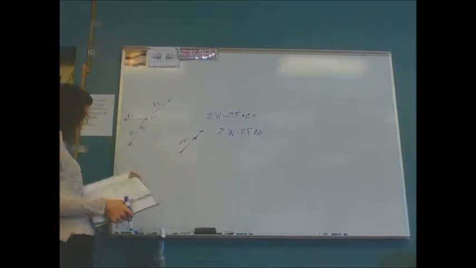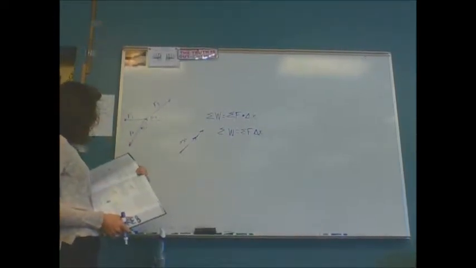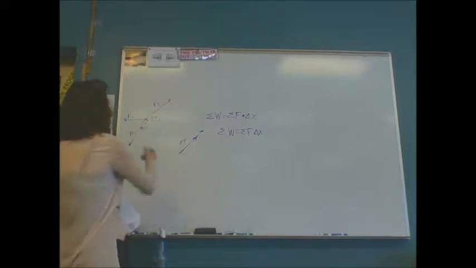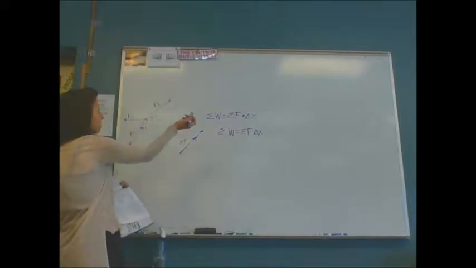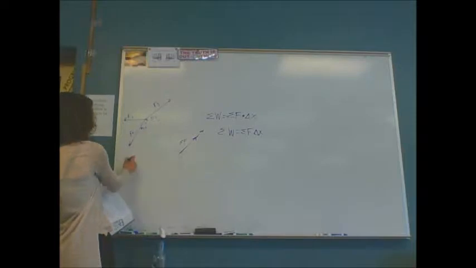There's a couple ways to do this. The easiest way is to write each one in terms of its components. For example, f1 is 5 newtons, so if I want to write it as a vector, it's negative 5 x hat.